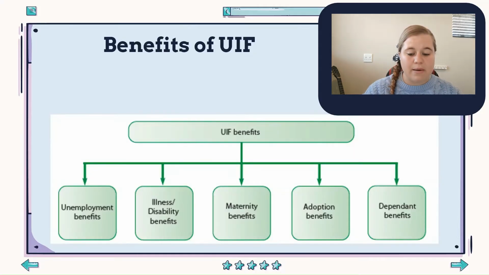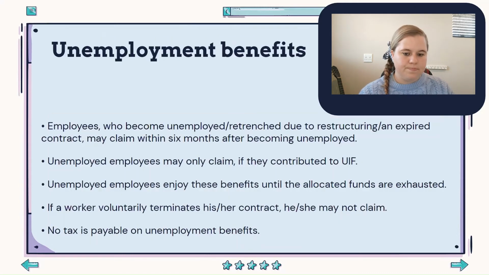The UIF benefits. There's unemployment benefits, illness or disability benefits, maternity benefits, adoption, and dependent benefits. Unemployment benefits. Employees who become unemployed or retrenched due to restructuring or an expired contract may claim within 6 months after being unemployed.